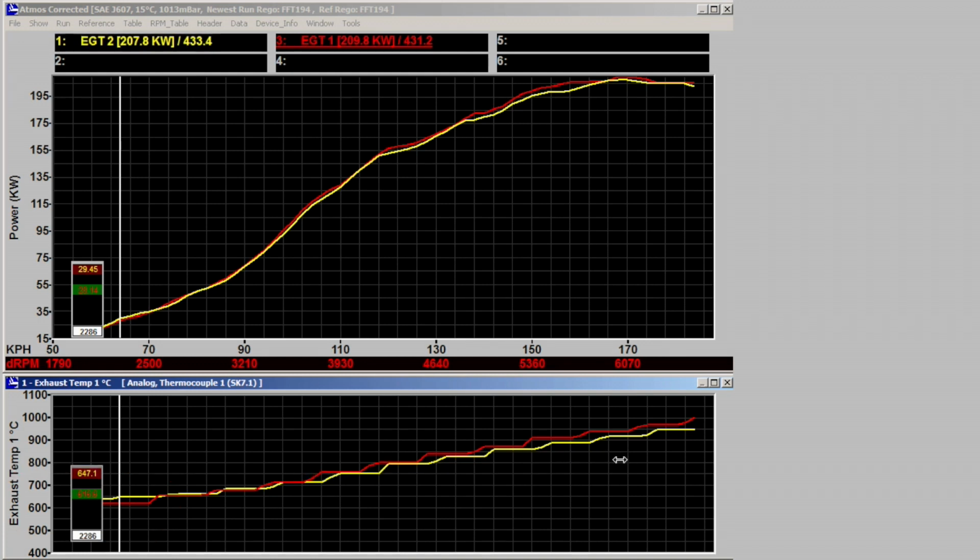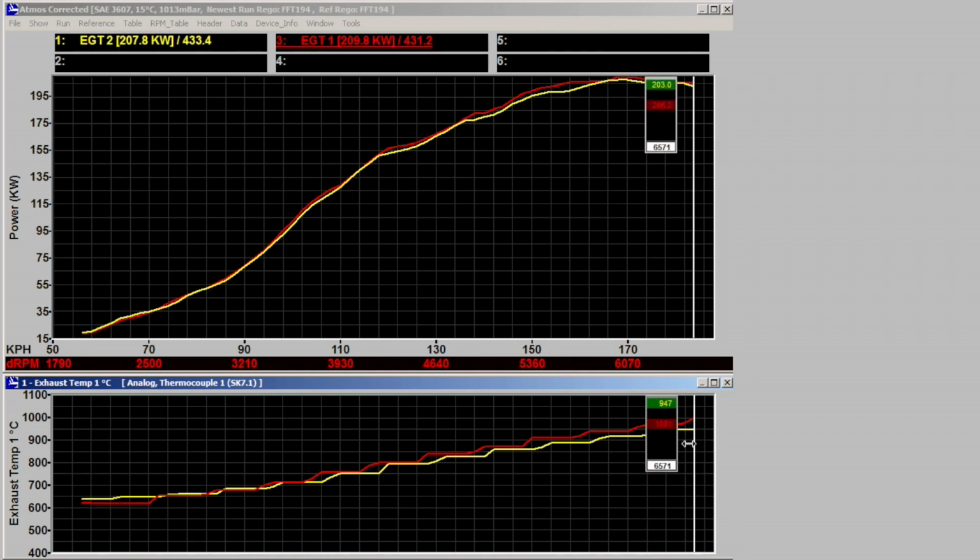Despite that, you can see by the end of the run the exhaust gas temperature is significantly or measurably lower in our second run, and again at the top of the run we have 950, 947 versus 1001 degrees centigrade.